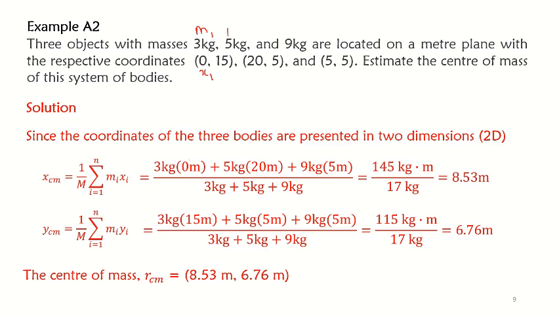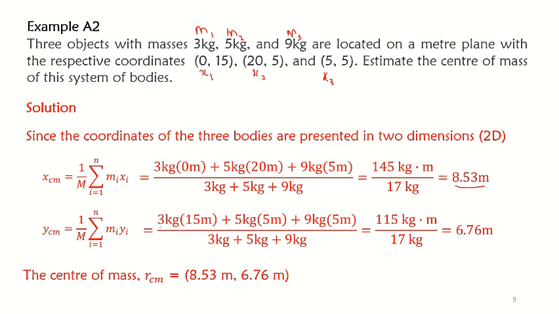Then m2 5 kg, x2 20, m3 9 kg, and x3 5. So for x, you have the center of mass on the x-axis as 8.53 meters.